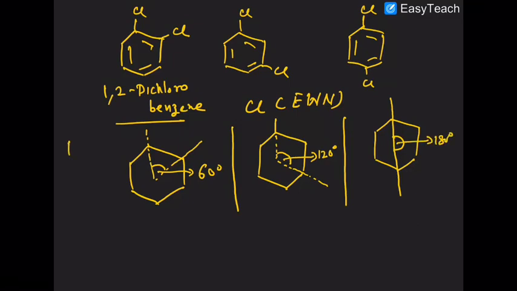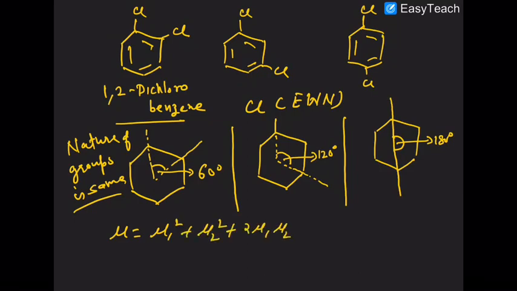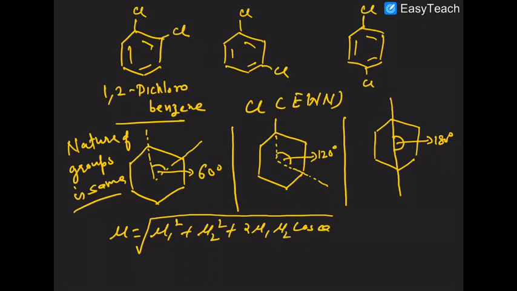Since the nature of the groups is the same, according to the effective dipole moment formula, mu1 square plus mu2 square plus 2 mu1 mu2 cos theta, with the increase in theta the dipole moment value will decrease.